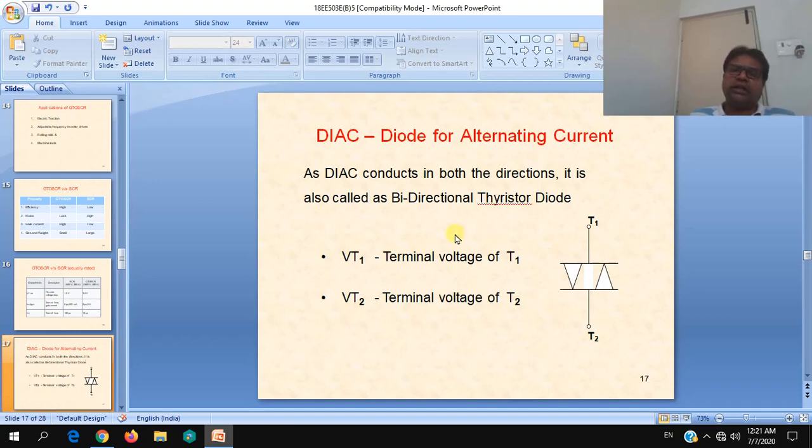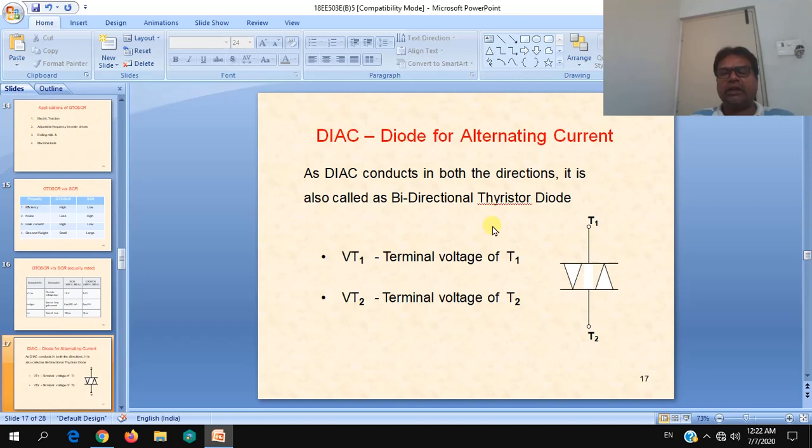When a single diode is there, it conducts only in forward biased condition and blocks reverse biased currents, so it is a unidirectional device which can be used only for DC supplies.